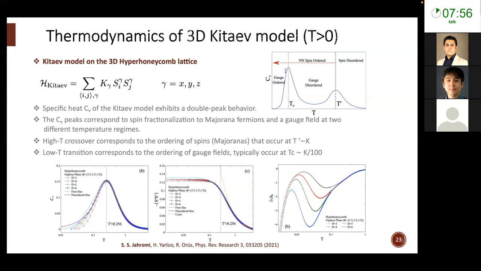Signatures of this transition can also be studied and measured with the thermal version of the tensor network algorithm applied to the 3D Kitaev model on the hyper honeycomb lattice. So this is the first peak showing the spin ordering transition, which is here. And it is evident in the specific heat.